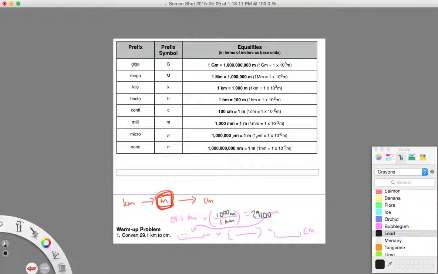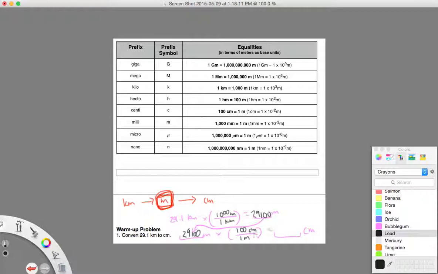All right, so now I bring that down over here, 29,100 meters. And I want to go from meters, like I said up here. My original plan was to go from kilometers into meters into centimeters. And here's centimeters. There's 100 centimeters in a meter, so I want to put 1 meter on the bottom to cancel out my meters, and 100 centimeters on top to get me into the units of centimeters.